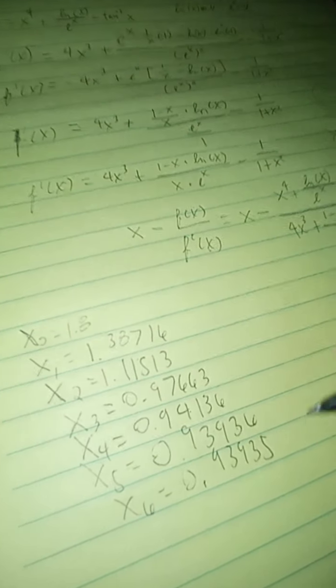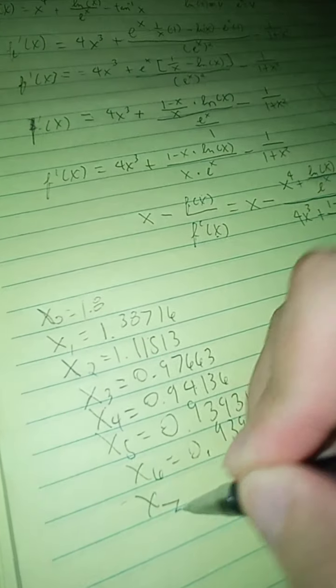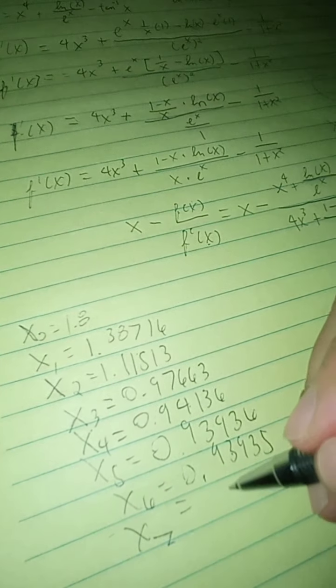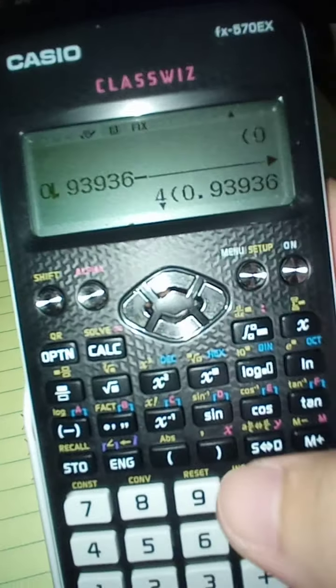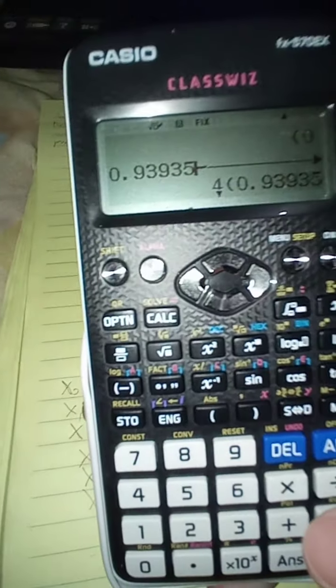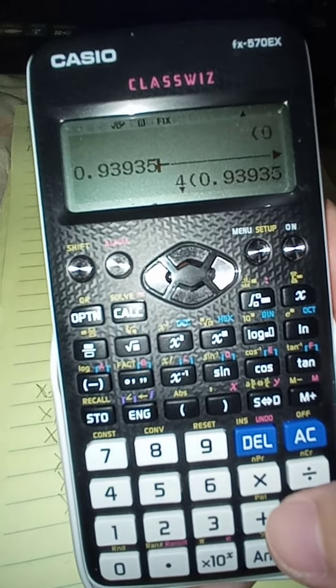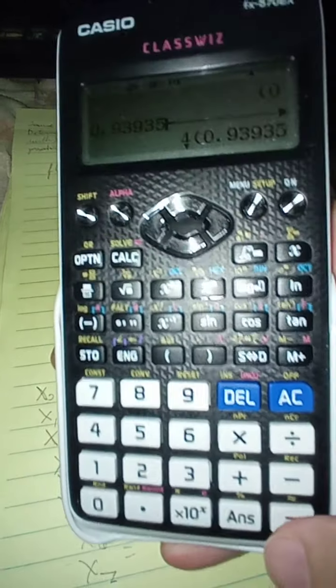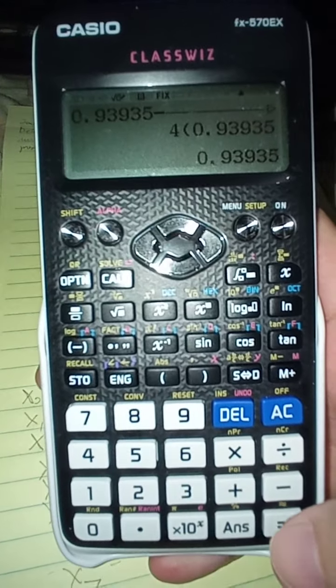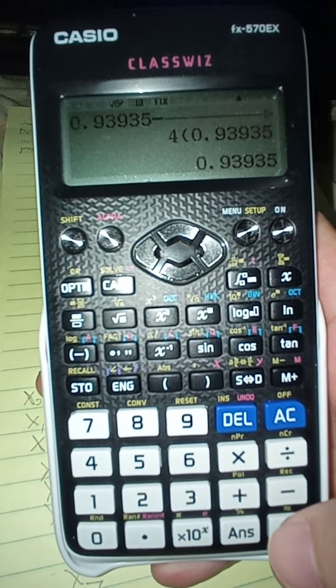For the seventh iteration, we'll be using this value and substitute it to the equation. Now we have the value substituted in the equation, so it is equal to 0.93935.